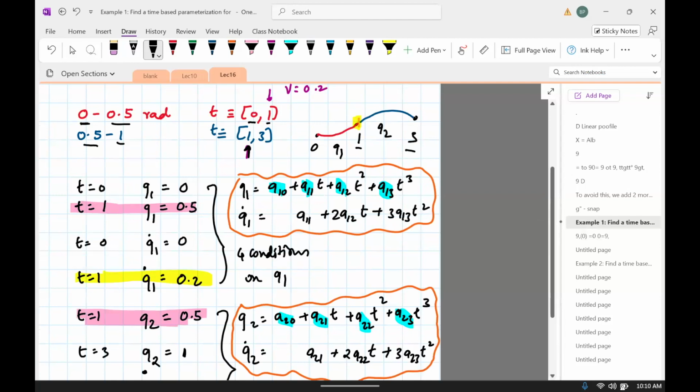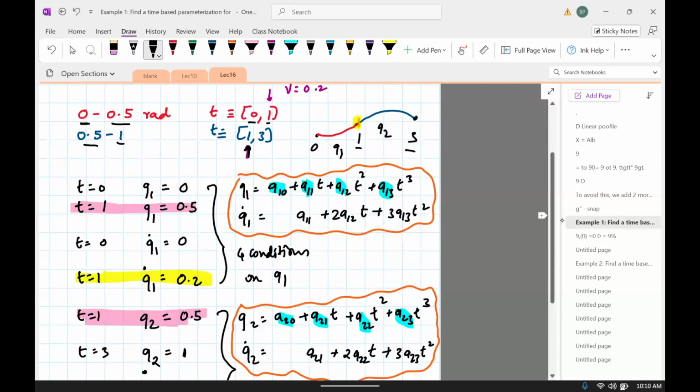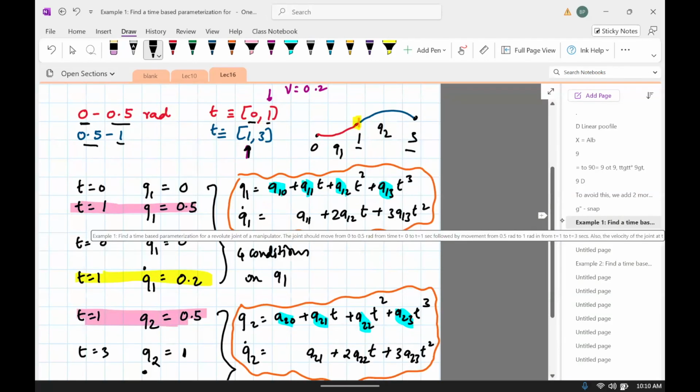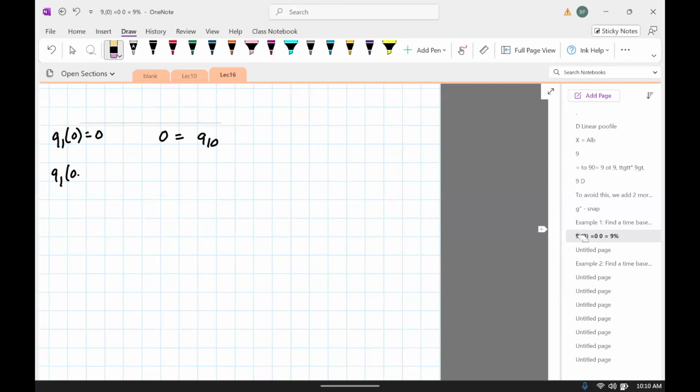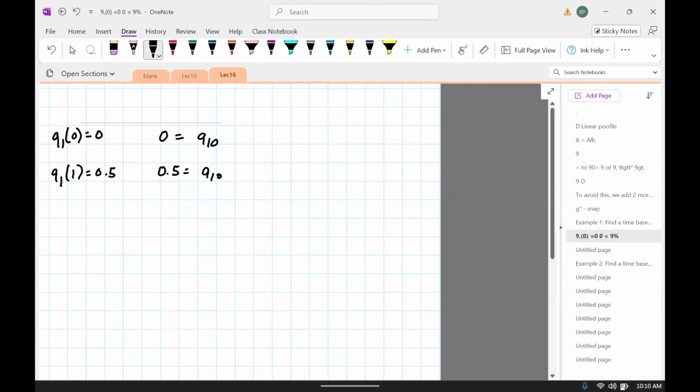Next equation is Q1 at t equals 1 is 0.5. So 0.5 equals, I just put t equals 1 in this expression. So that will give me A10 plus A11 plus A12 plus A13.